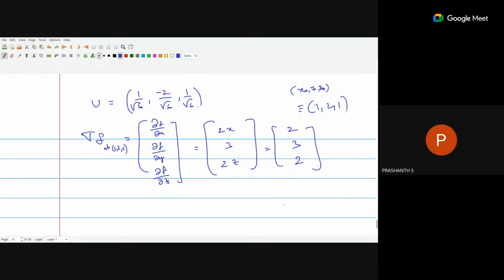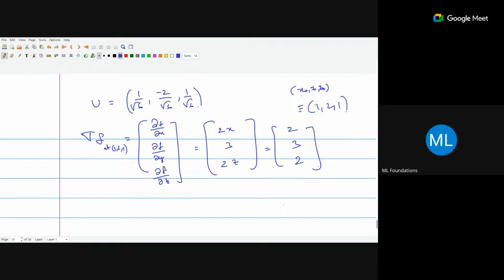But at one point the function value is fixed, sir. But we are not looking at the function value, right? When I say derivative, it's just the side of that point. So when I say at (1, 2, 1), it doesn't mean that you are seeing it at that particular point. Usually we say "at" because these derivatives involve very small distances.